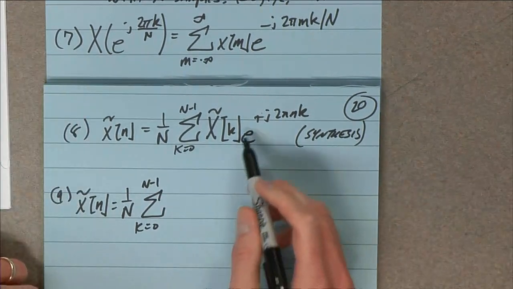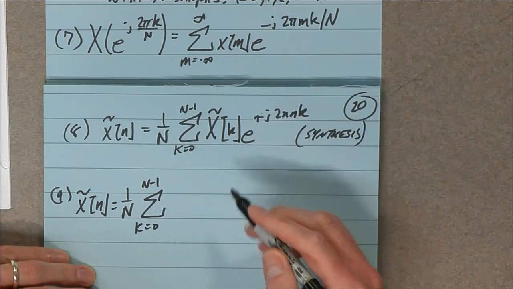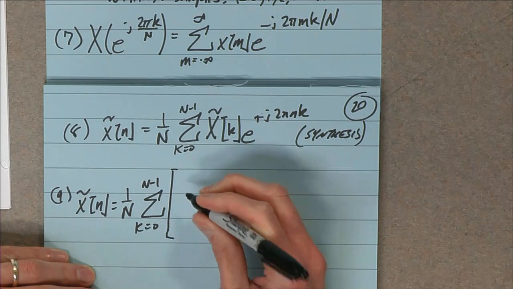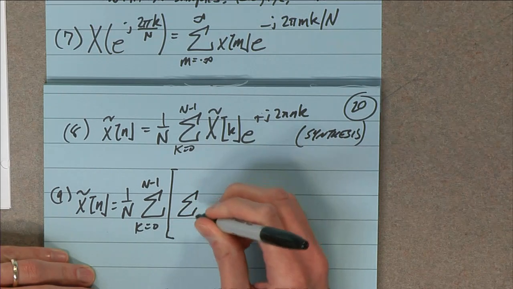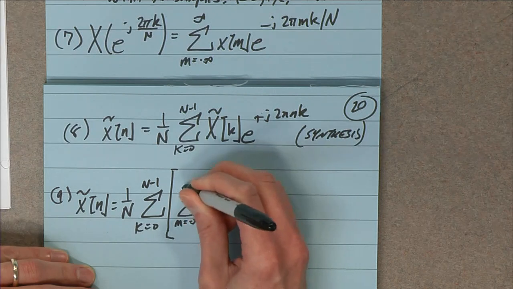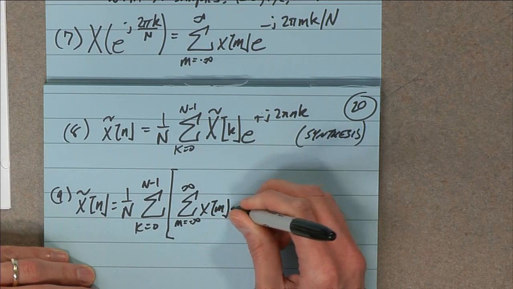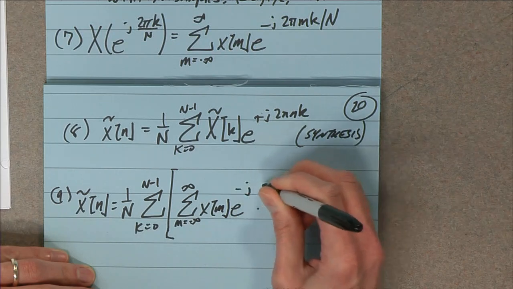But now we've got to plug in this expression up here, equation 7. So that was our sequence of undetermined length. We took the discrete time Fourier transform of that sequence, and then we sampled it with N samples.